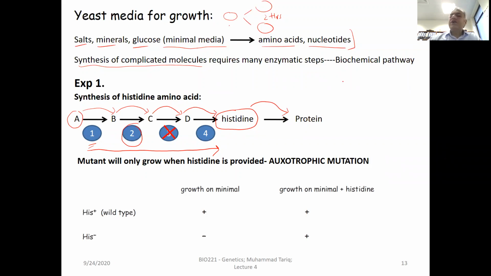What do you do? You take yeast, you mutagenize it with, let's say, a chemical called EMS or MMS or whatever mutagen you use. And then you grow this yeast after mutagenesis. You mix the yeast culture, millions of yeast cells, with this chemical in media, and then you grow the mutants onto plates like this, individual colonies.